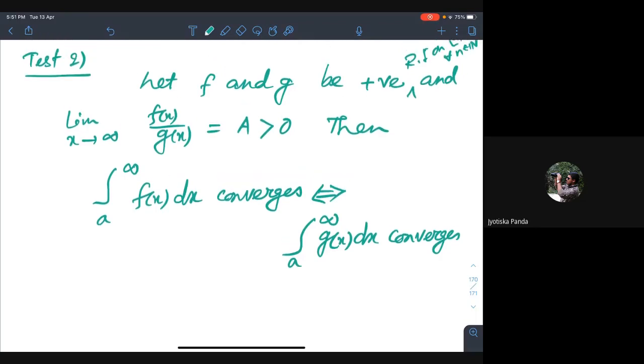You can try to show the proof, because at infinity f and g will have the same growth. That is what this limit means.